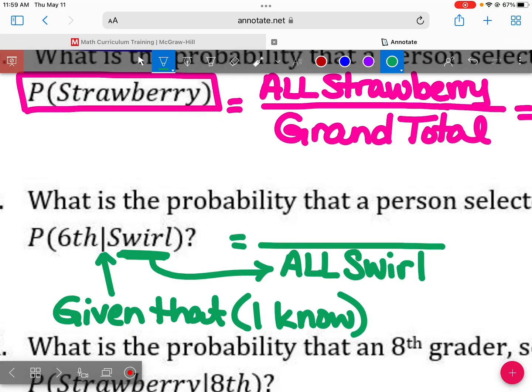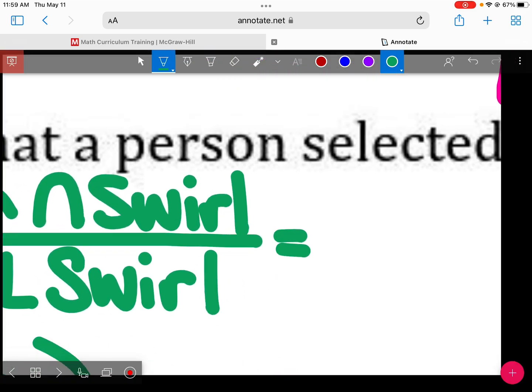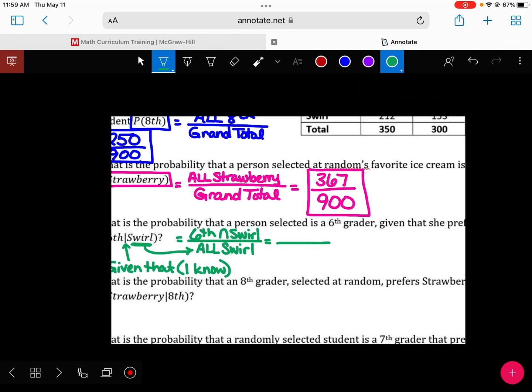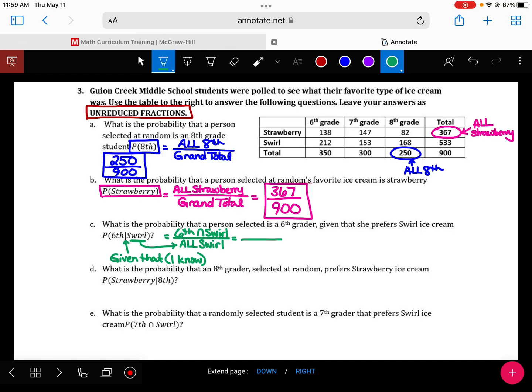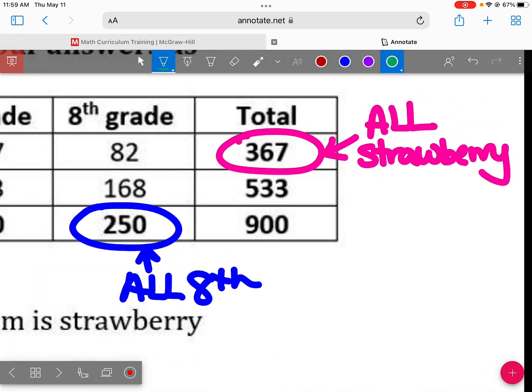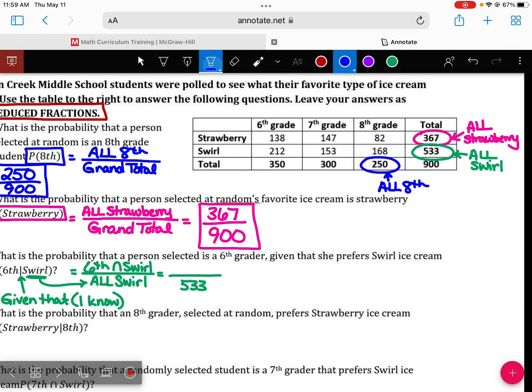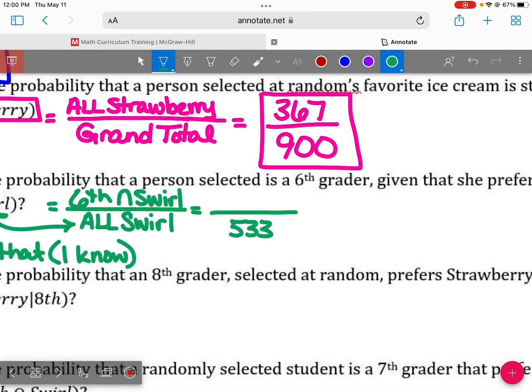In the numerator, I want the intersection of the two events, 6th grade and swirl. If I want all swirl in the denominator, what's that number going to be? 533. Here's all swirl. And then I need the intersection of swirl and 6th graders. How much? 212.